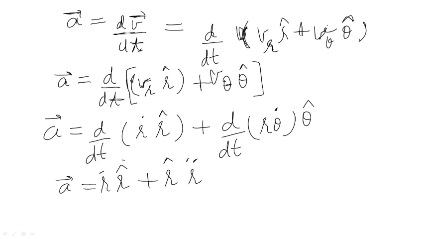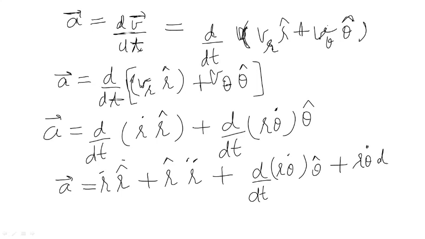Now for this term, we can write it as differentiation of the first term d over dt. Here r theta dot we are assuming is the first term, then the second as it is, then the first term as it is, and the differentiation of the second term is taken, right?